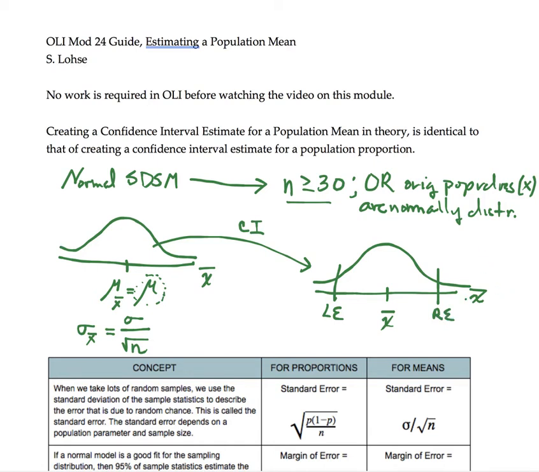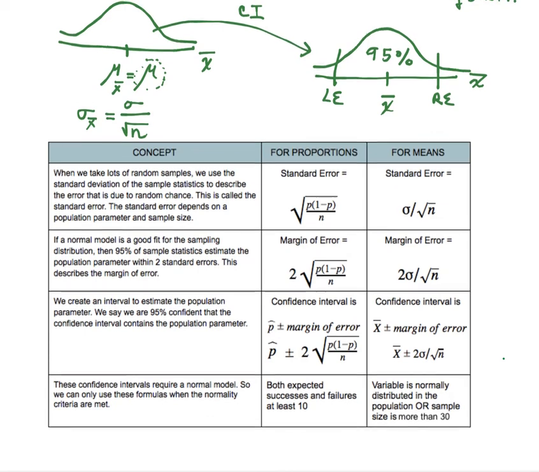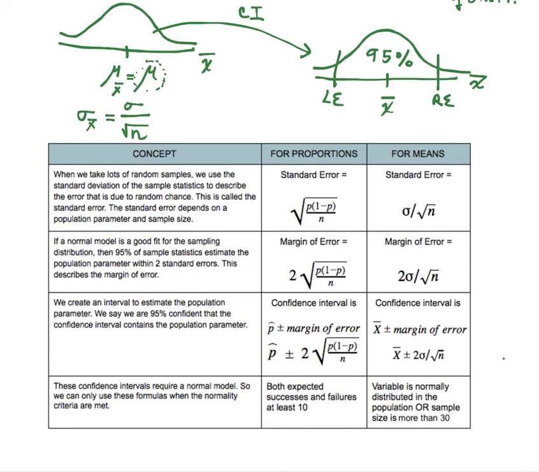We're going to start off with a problem that uses a 95% level of confidence, encloses 95% of the area. So we'll do that from the empirical rule, and then we'll move into using StatCrunch for other levels of confidence. So just to remind us that what we're doing for means is exactly what we did for proportions.